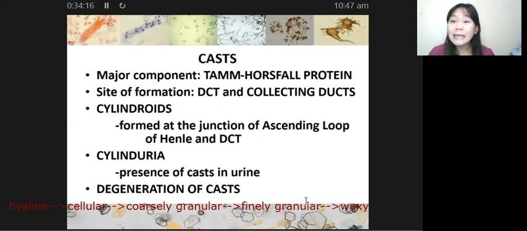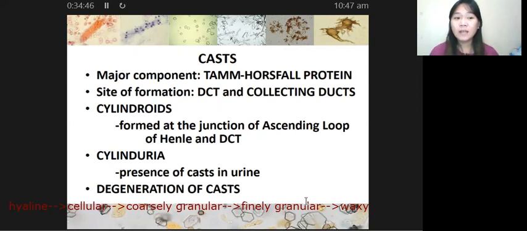Diba? Kasi hindi naman yan mafo-form unless meron talagang grabe or severe na urine stasis. As compared to when you are able to see a hyaline cast. Alin ang mas significant? Alin ang mas nakakatakot na makita? Pinaka nakakatakot na makita ang waxy casts.